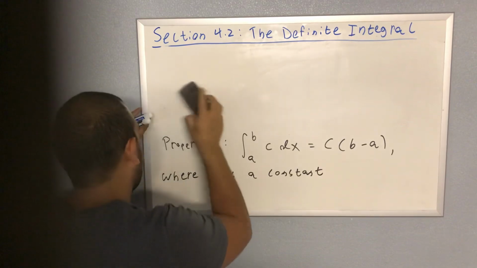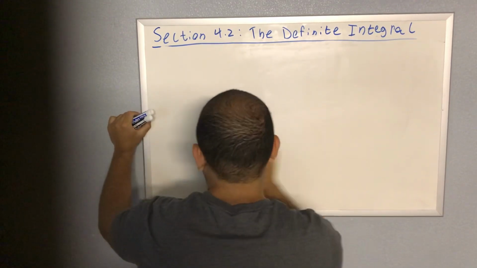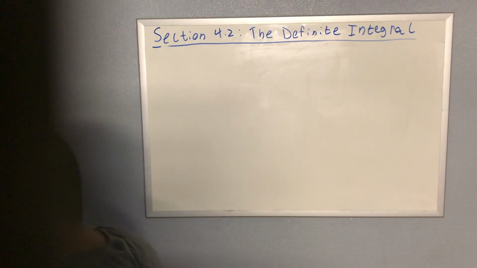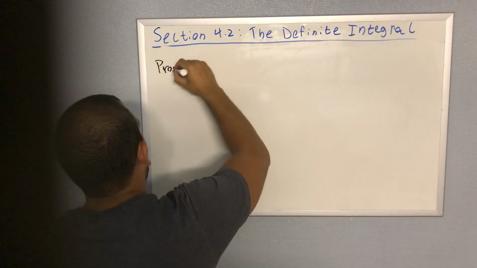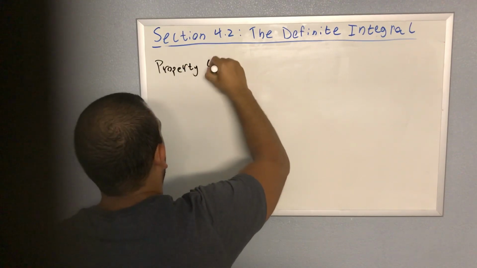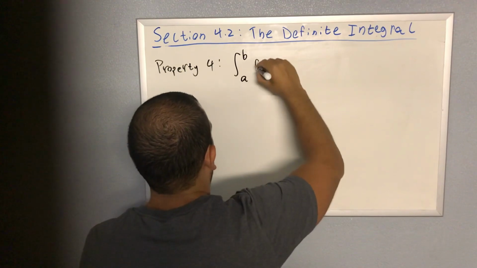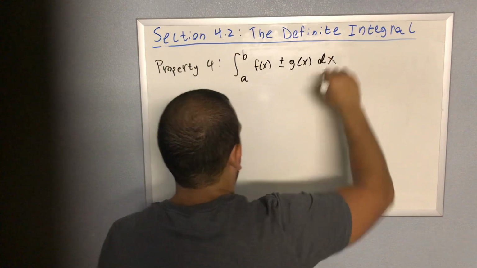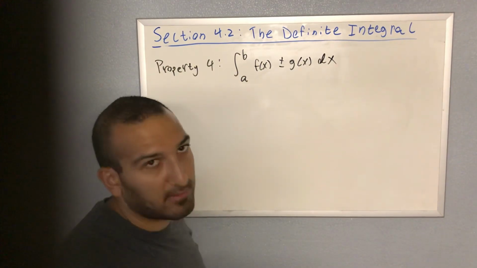Maybe I'll erase this and start new. Let's say property 4 is this. This is going to be exactly the same as with derivatives.